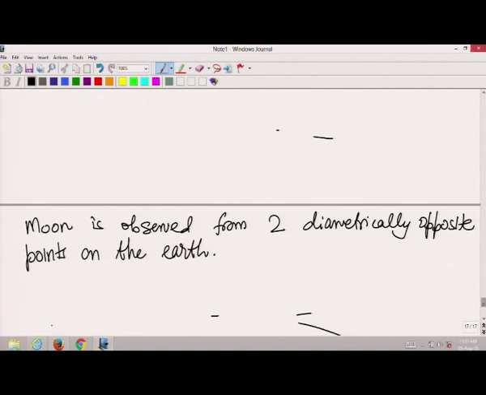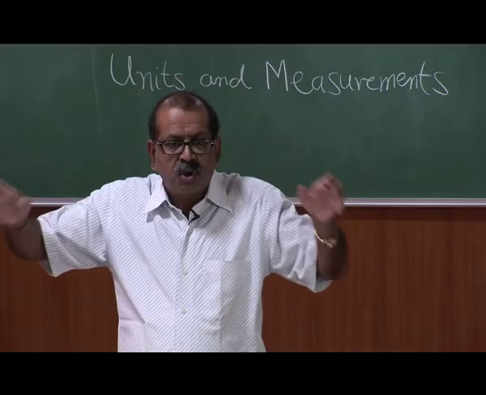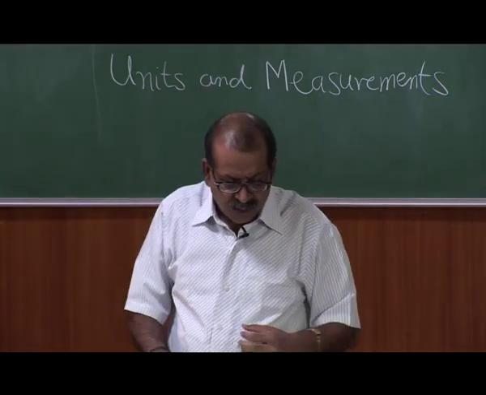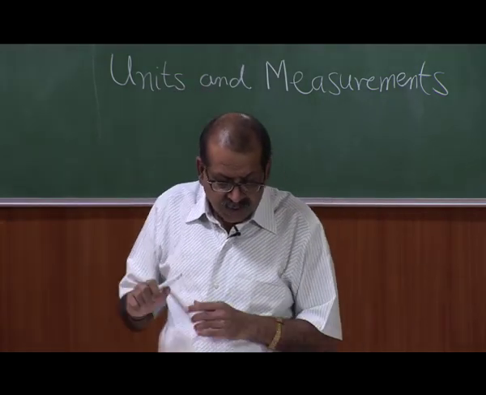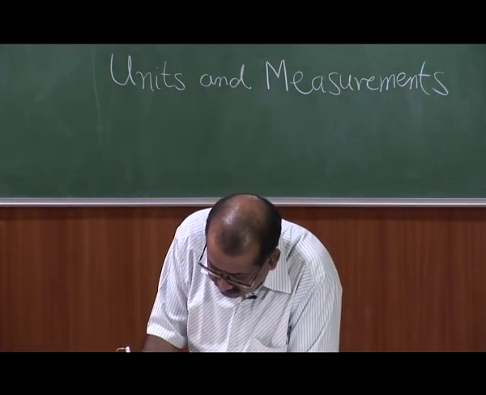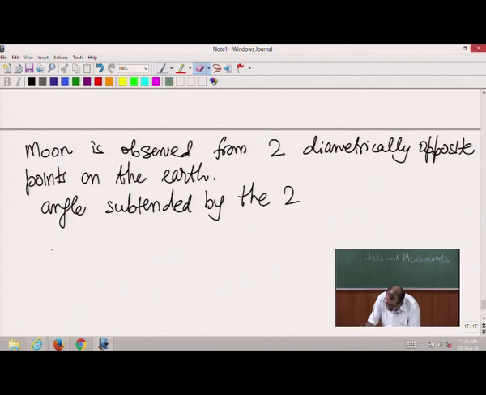So, we observe the moon from 2 points on earth which are on opposite ends of the diameter of the earth, and what is given to us is the angle subtended by the 2 lines of observation.